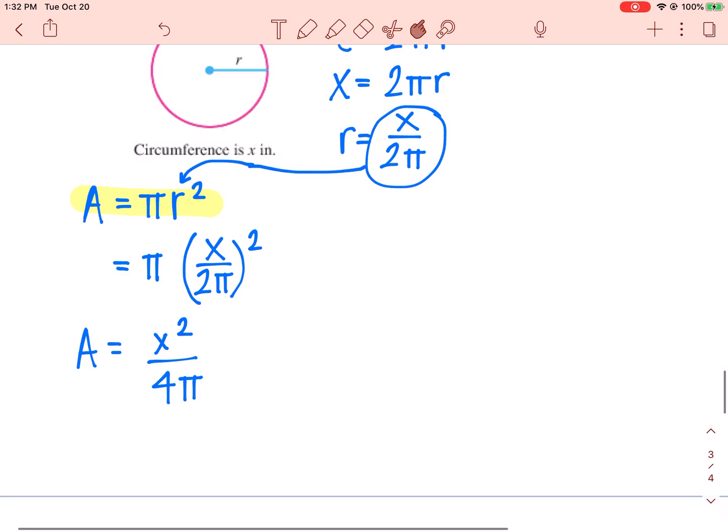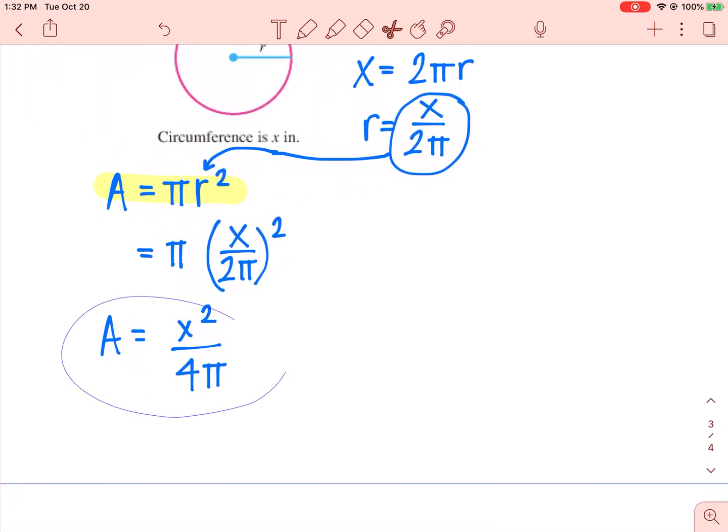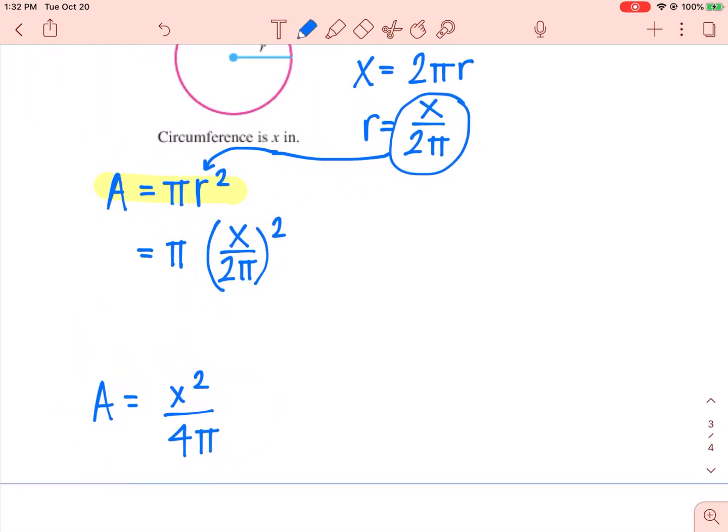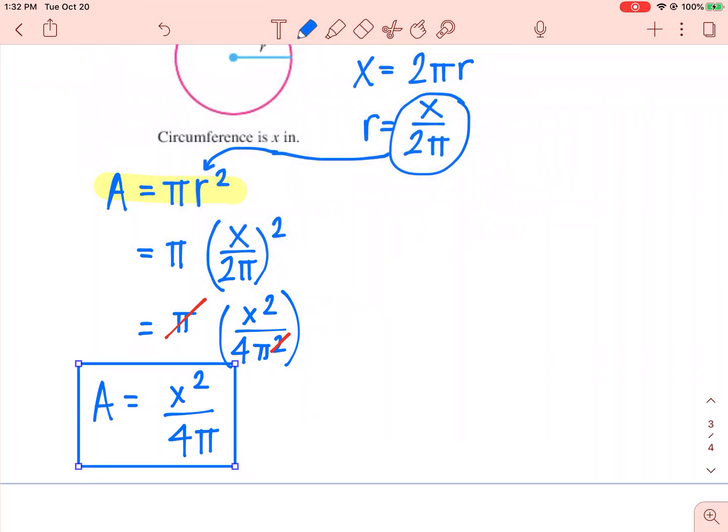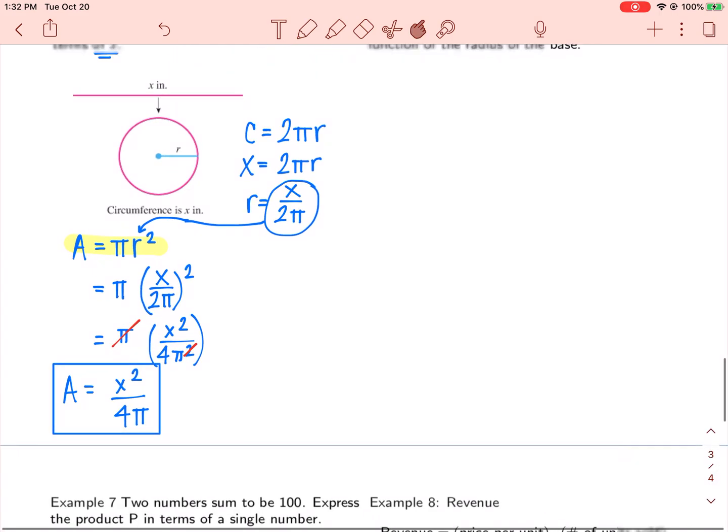I'll show that. Sorry guys, I got very excited. So this really would be pi times x squared over 4 pi squared. Right? Everything gets squared. So this pi will cancel with one of the pi's on the bottom, but there will still be a pi in the denominator. Whew. You can tell I'm almost done.